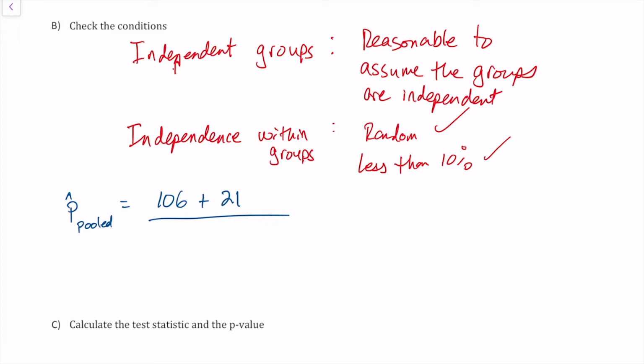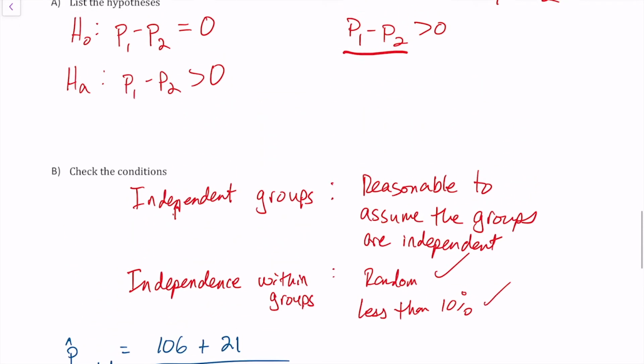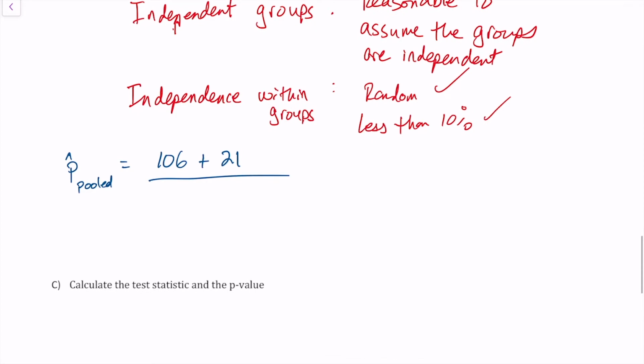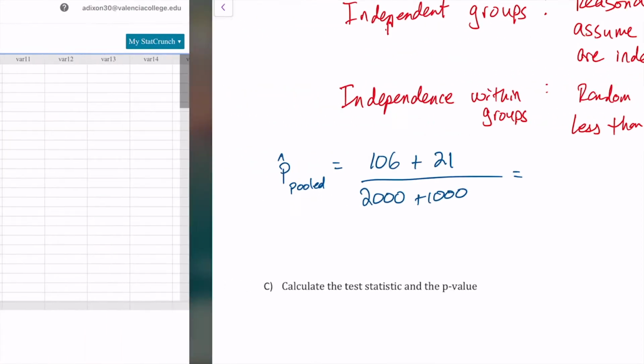And then we put that over 2,000 plus 1,000. We have 2,000 businesses in Michigan, and we have 1,000 businesses in Minnesota. Okay?